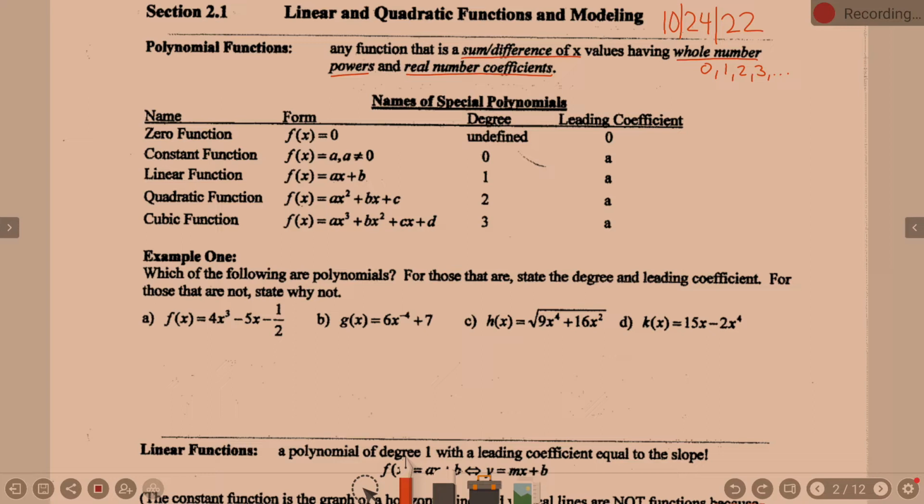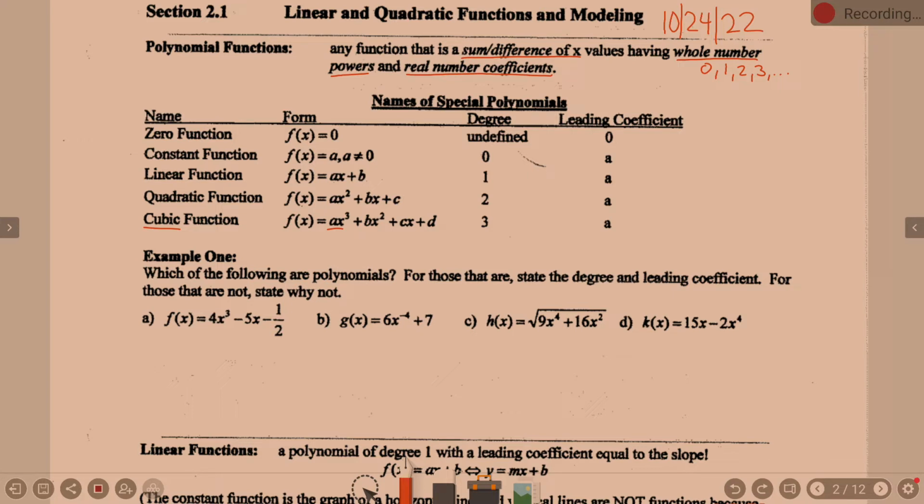Polynomials have special names depending on their highest degree, their highest power. If I'm going to start down here at the bottom, just because I think it makes sense, if we talk about a cubic function, you guys know what a cubic function is. Cubic function has the highest power of 3. So right there, something where the highest power is 3, ax cubed, for example, that is a cubic function.